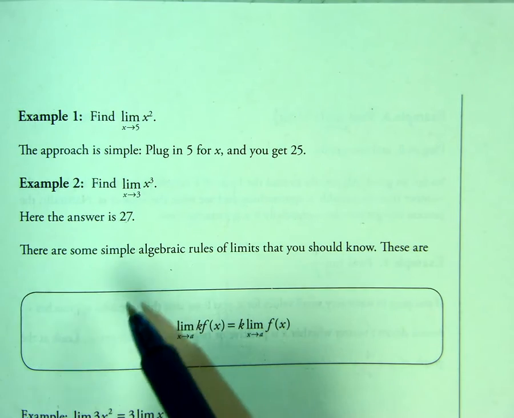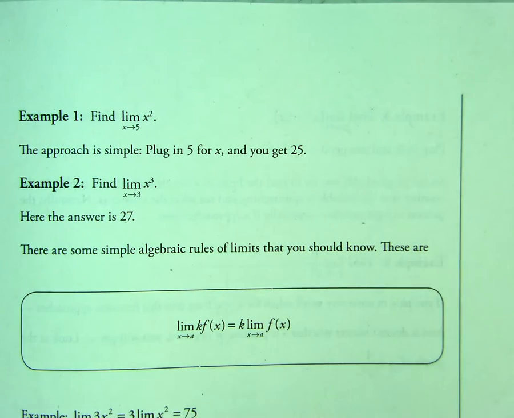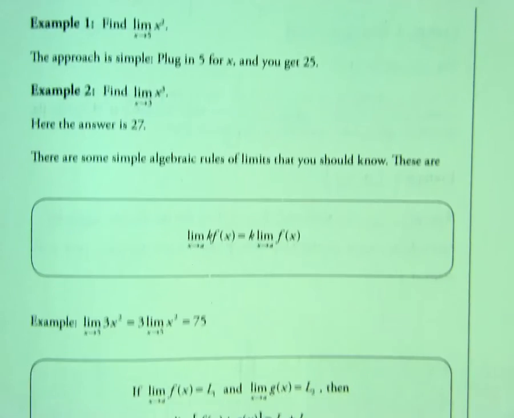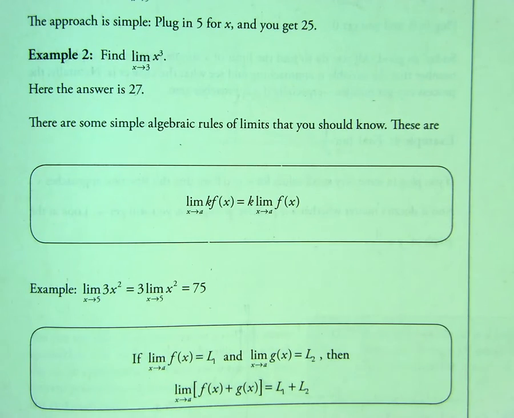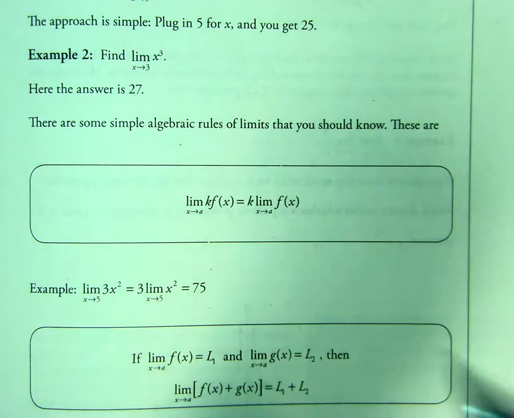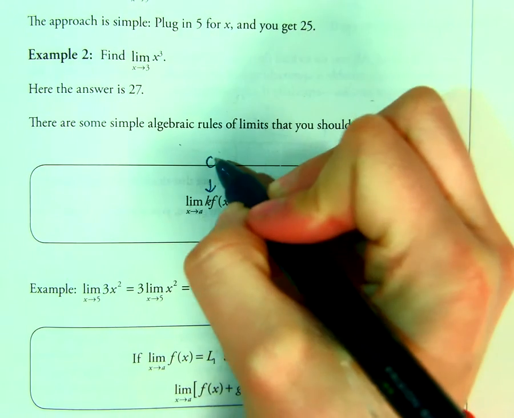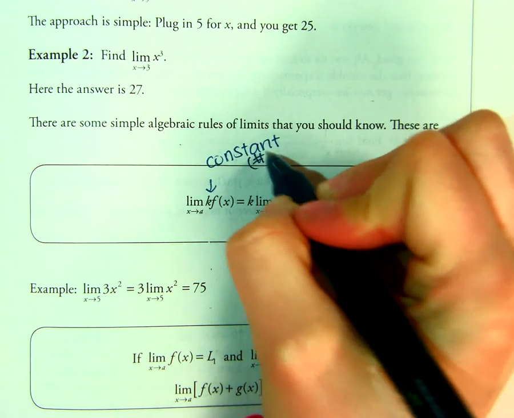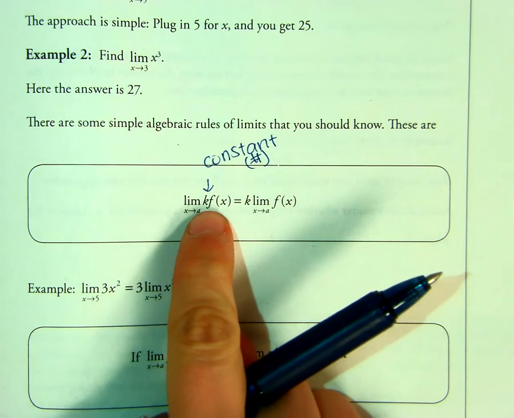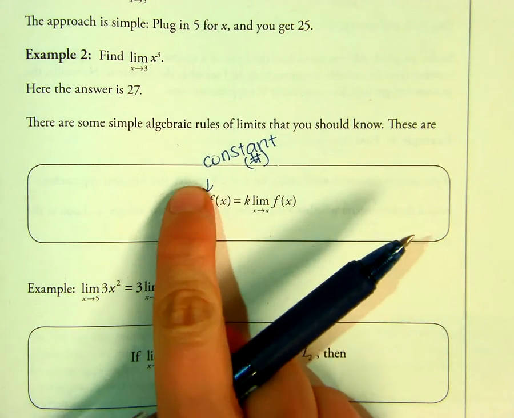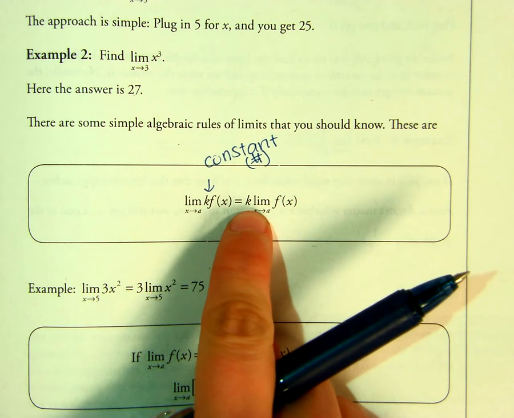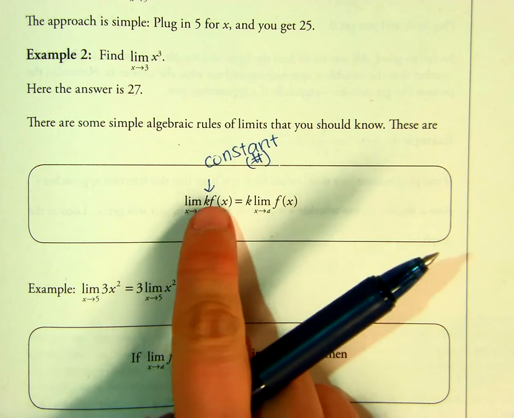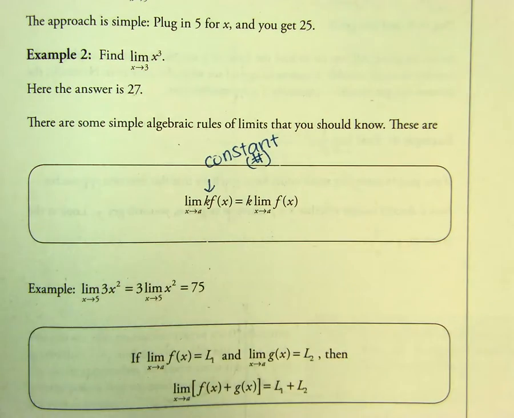There are some simple algebraic rules that you'll need to know. The first one is, let's say we've got a function and we're going to multiply it by a constant. K is a constant, which means it is a number. When we're doing that, we can just take that constant and move it out front, kind of like we're undistributing something. If we distribute it in, then it moves inside.